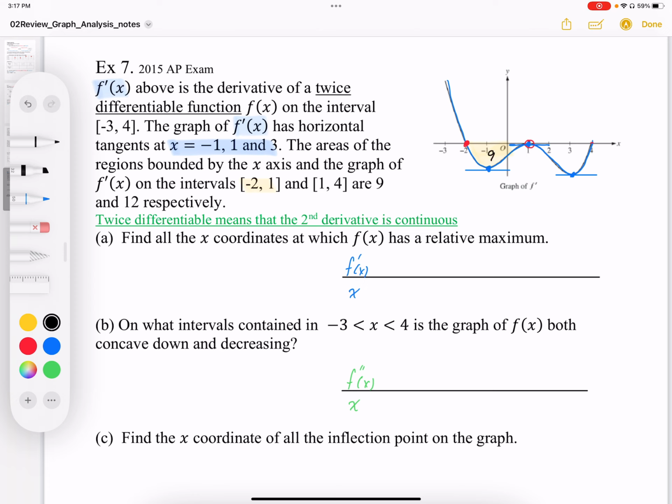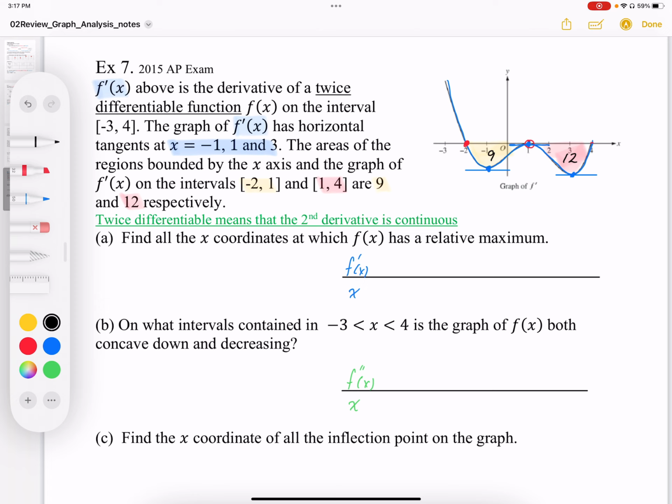And from the area between 1 and 4, the area is 12. So this area in here, I'm just going to shade that in, represents an area of 12. And they're both below the x-axis.